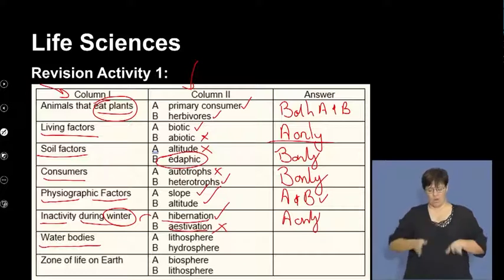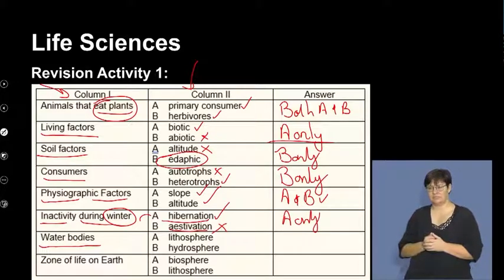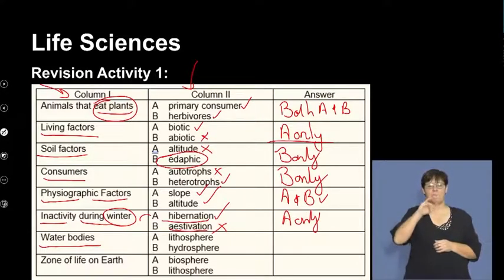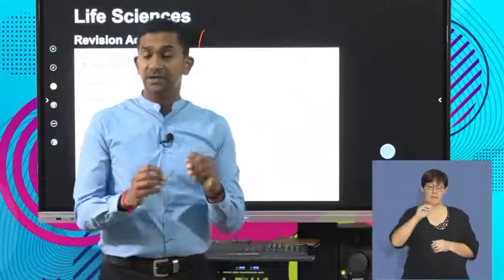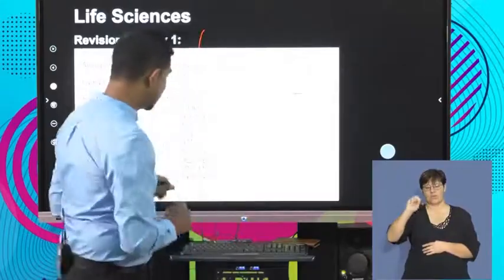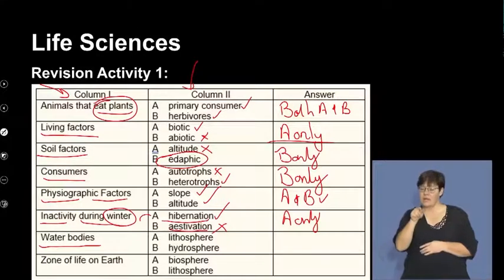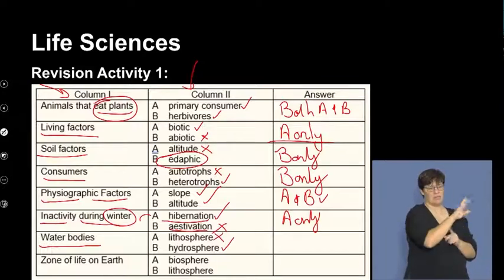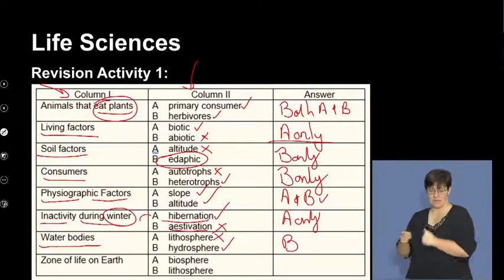Water bodies is the next term. And so water bodies in the context of the biosphere are referring to those components that make up the hydrosphere. So the answer would be A only, whereas lithosphere refers to the soil. So the answer there was B only.